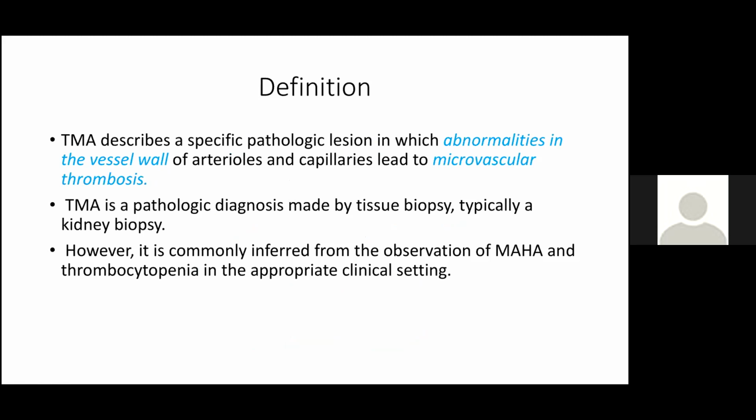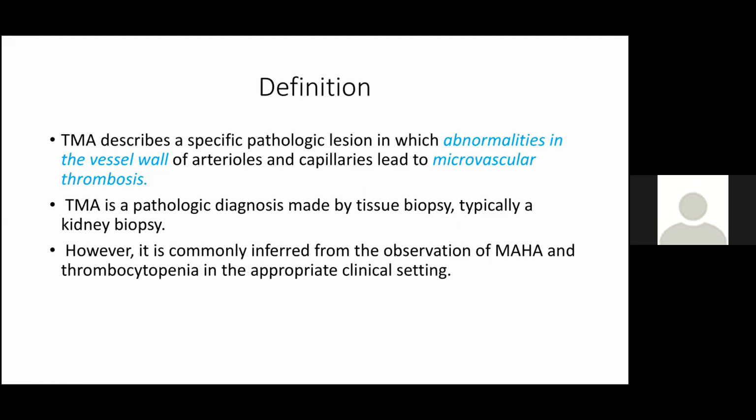So this is the proper definition. Thrombotic microangiopathy describes a specific pathologic lesion, in which abnormalities in the vessel wall of arterioles and capillaries lead to microvascular thrombosis. TMA is a pathologic diagnosis made by tissue biopsy, typically a kidney biopsy.